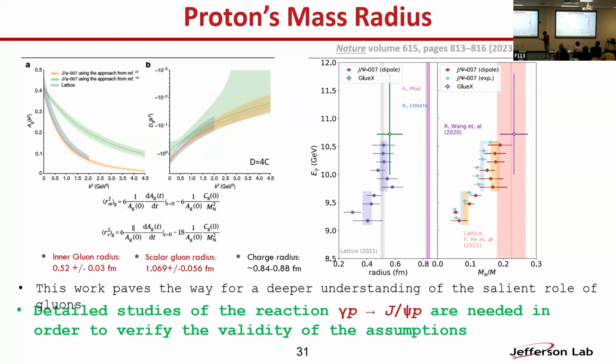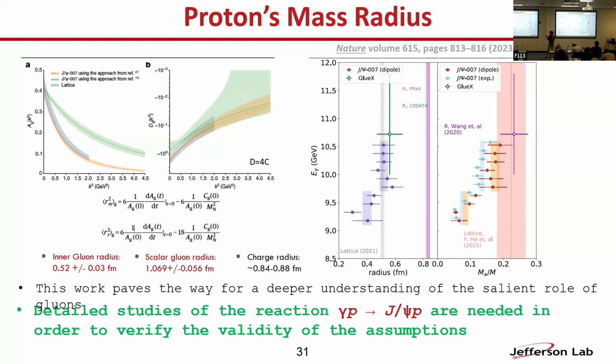It seems that gluons are more localized in the center. But we also have a scalar mass radius. As I said, you have two kinds of interaction, either tensor or scalar. The scalar, this is M_A over M, is 20% of the mass of the proton and seems distributed around in a much broader space.